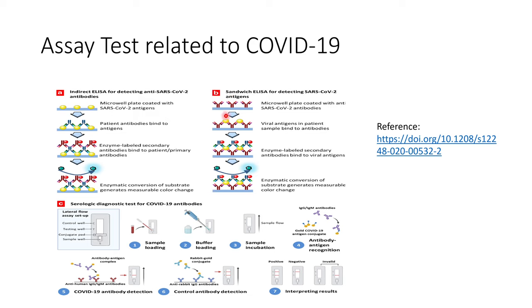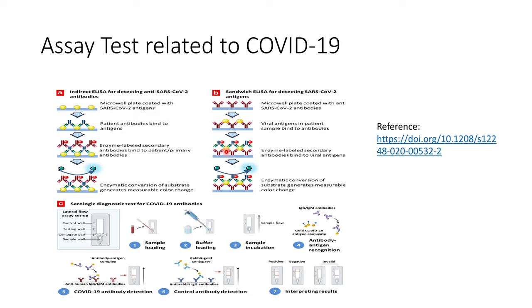For this, antibodies against SARS-CoV-2 antigen are coated on a microbial plate, and after that, the viral antigen present in the patient's sample is passed through this plate, and the SARS-CoV-2 antigen will bind to the anti-SARS-CoV-2 antibodies.